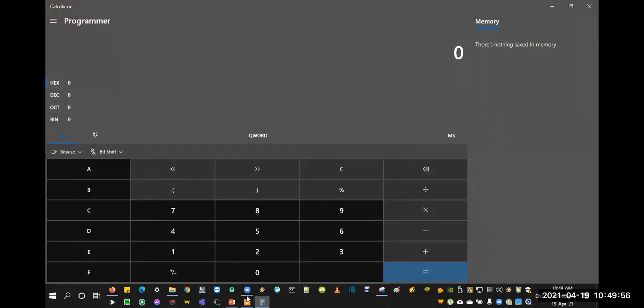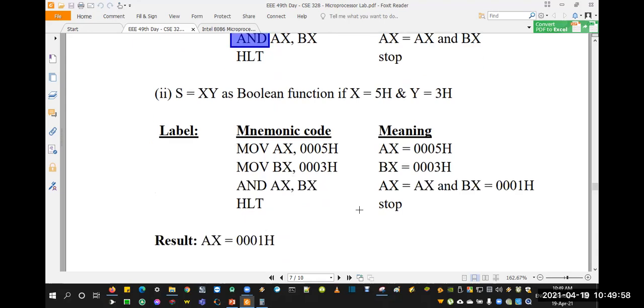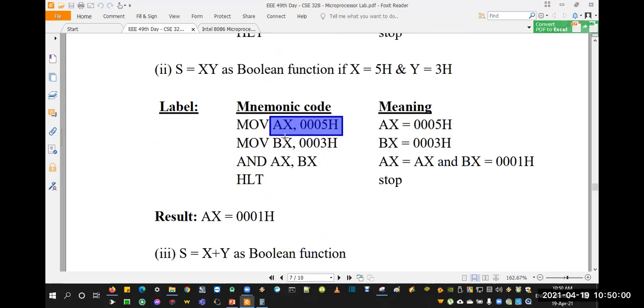If you multiply here, with ax equals 5 and bx equals 3, then 5 times 3 gives 15. But when we AND them, we will get 1.